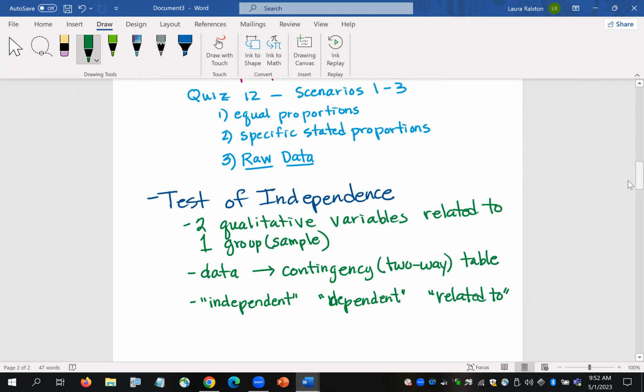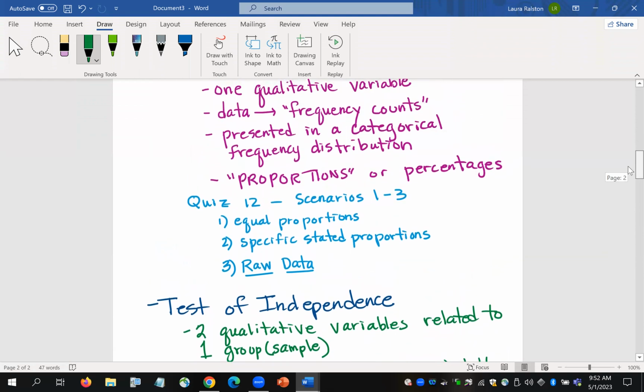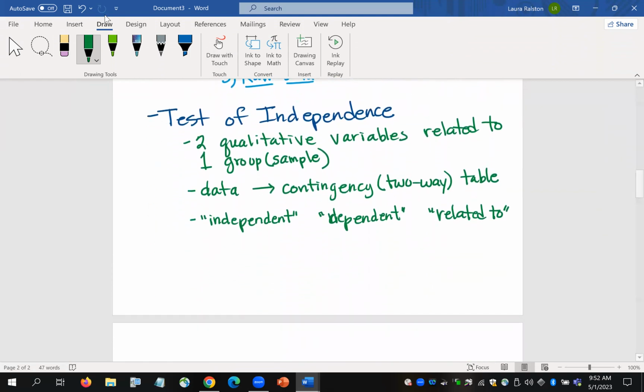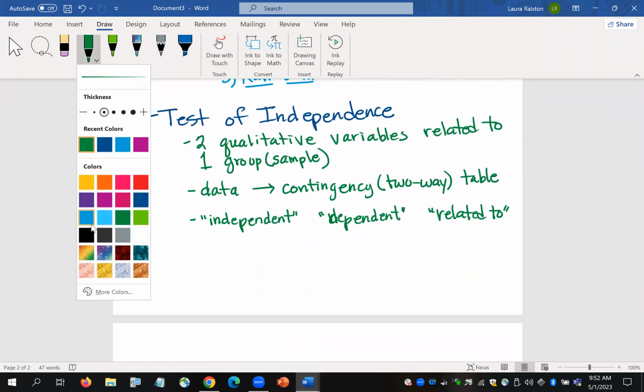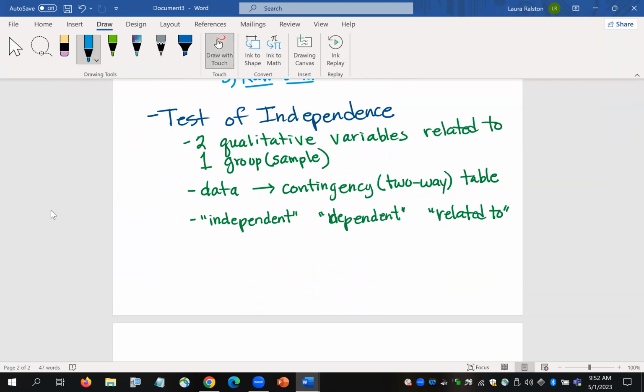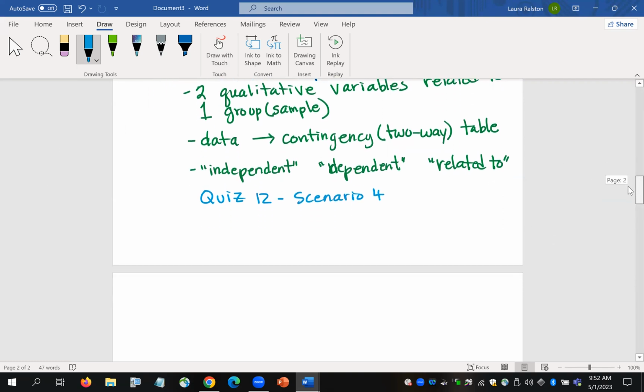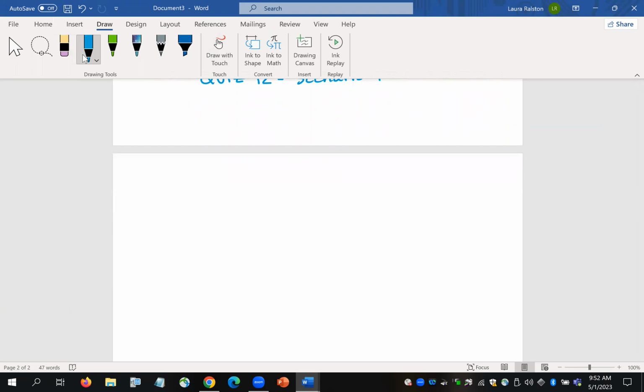In terms of the question. Okay. I happen to know, again, because I looked this morning, that on quiz 12, this was scenario 4. And I'll go over and we'll look at them in just a minute.